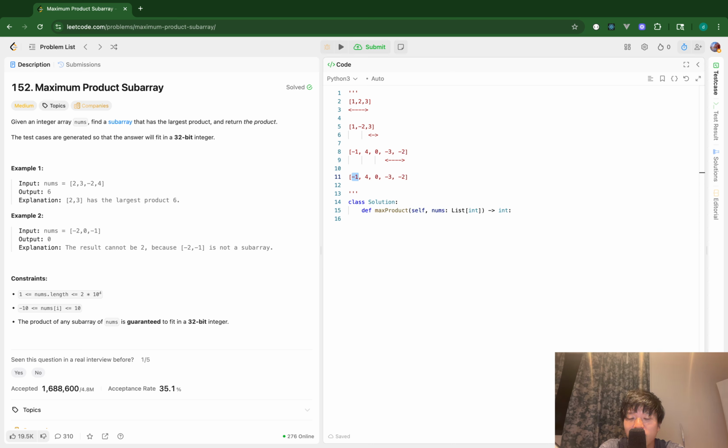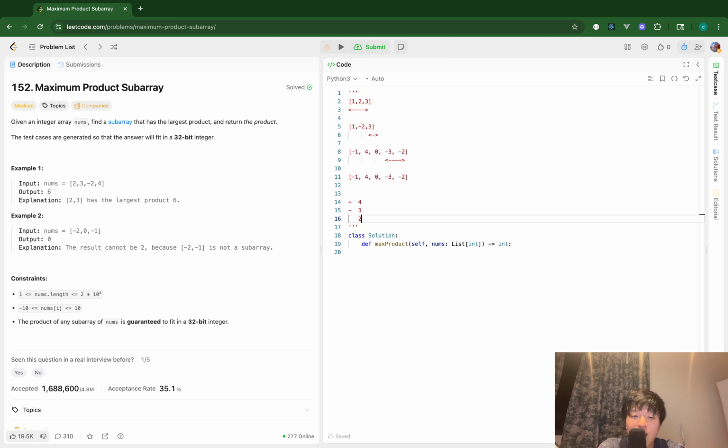The first factor is positive or negative. And the second factor is how big the actual integer is, the product integer, like 4 or 3 or 2 or something like that.